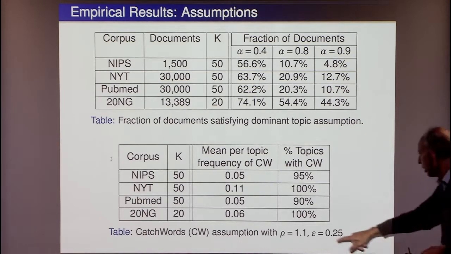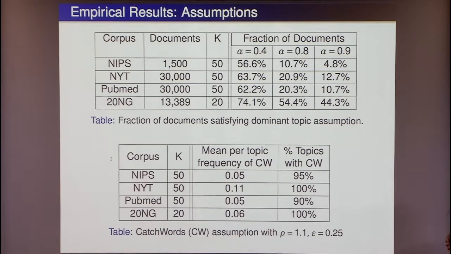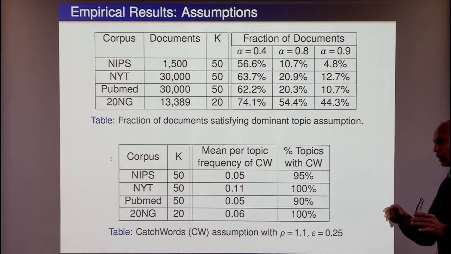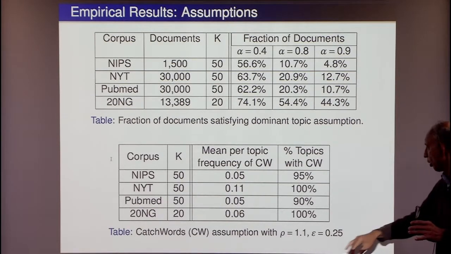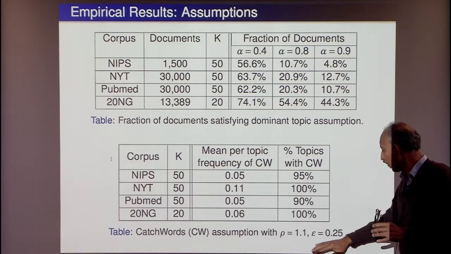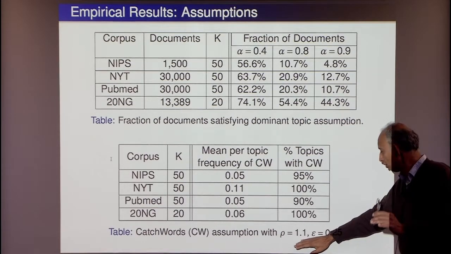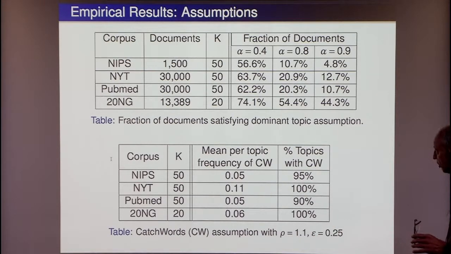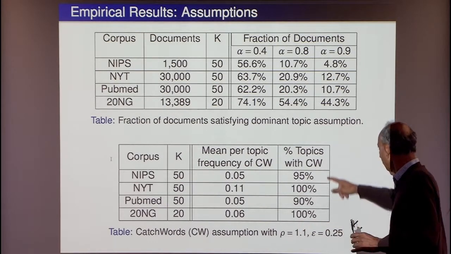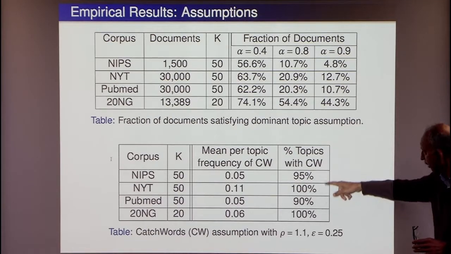Catchword assumption, rho is the gap. That is, the word is more likely to occur, by a factor of 1.1, in the dominant topic than in other topics. And then you find that almost every topic has catchwords.